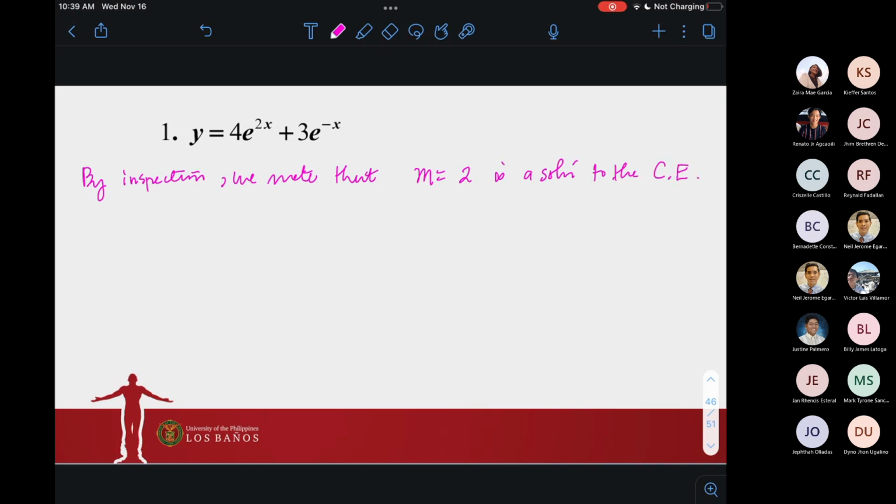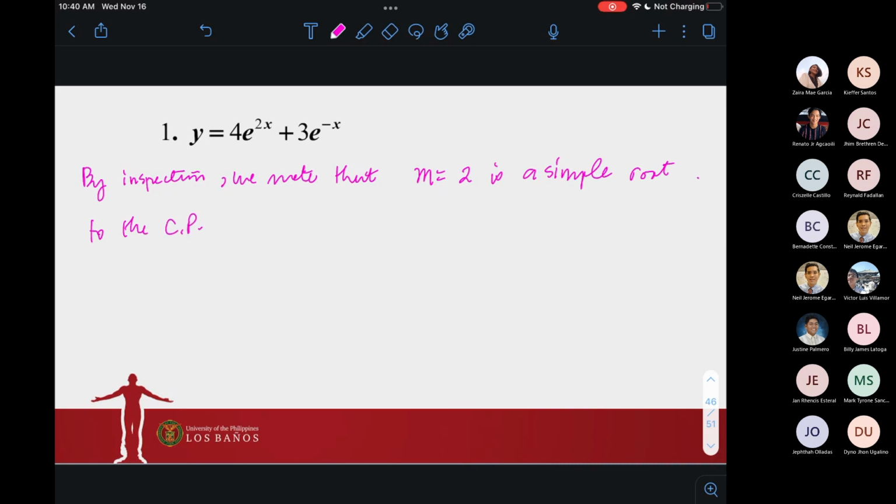Tama? Kasi remember, nagkakaroon tayo ng e to the ax or C1 e to the ax kapag ka si a ay simple root dun sa ating characteristic polynomial, right? Or maybe I can say that a little better here. This is a simple root. When we say simple root, root siya of multiplicity 1. So it's a simple root to the characteristic polynomial.